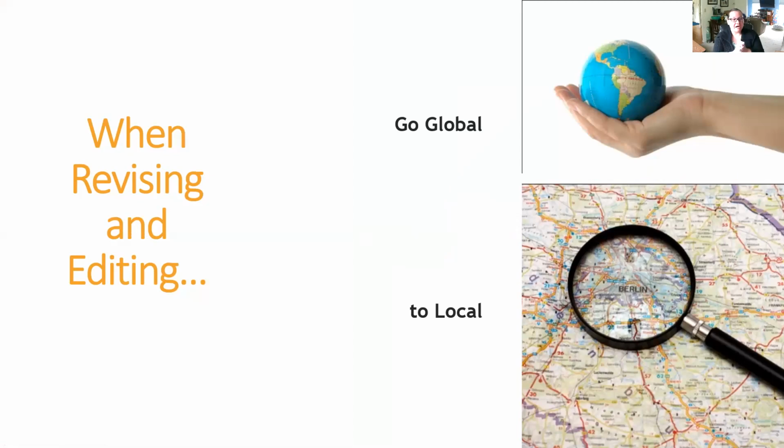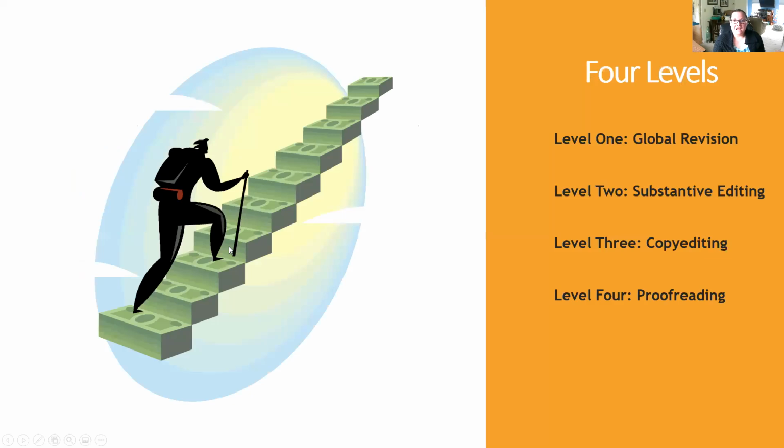Now, we're not talking about world issues. We're talking about issues in the paper. You want to start global, meaning big, and then work your way down to the local, smaller issues, okay? There are actually 4 levels to the revision process.